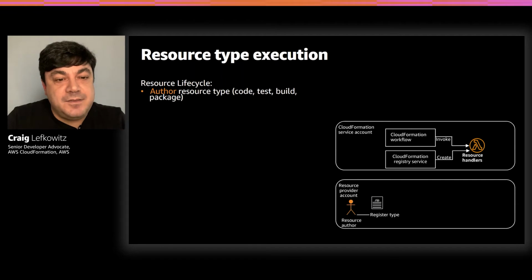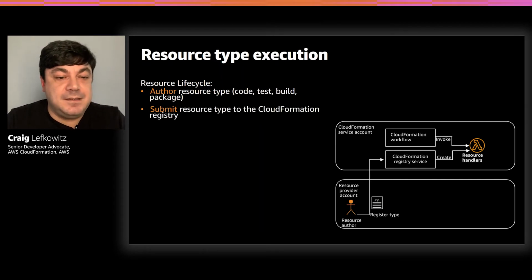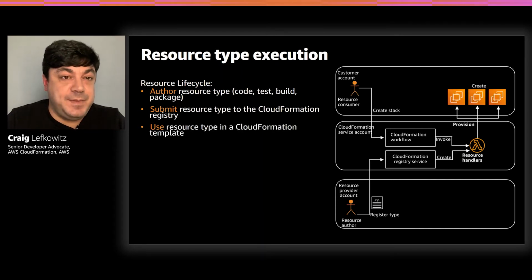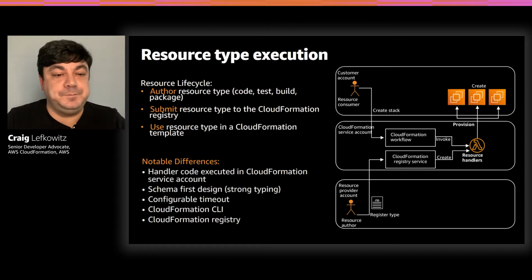There's some metadata such as IAM permissions. You also author handler code that handles 5 CloudFormation actions, which are create, update, delete, read, and list. The code and the schema is packaged and submitted to the CloudFormation registry. Once in the registry, it's then available to use in a CloudFormation template by any consumer in your organization to provision and manage the resources that you define in your code.